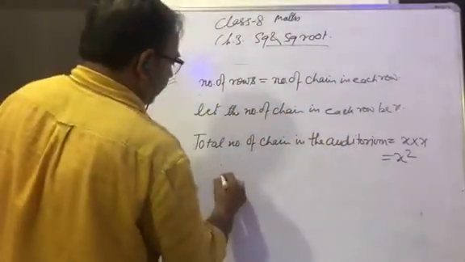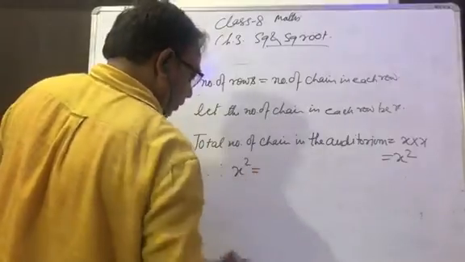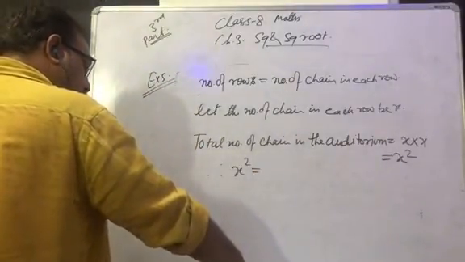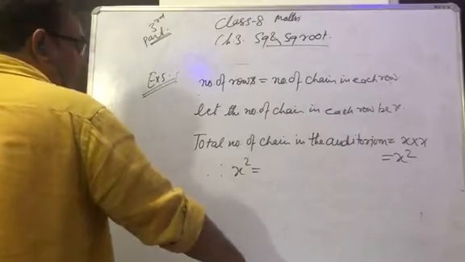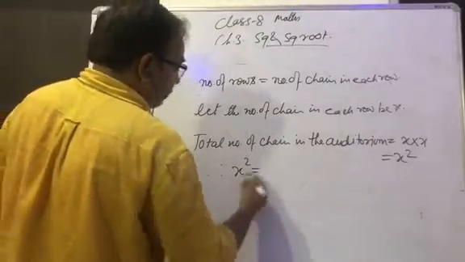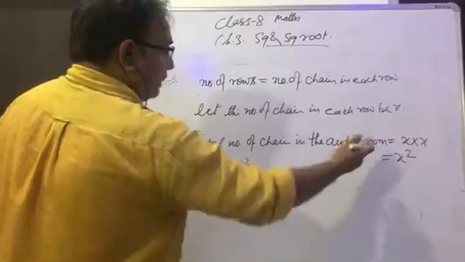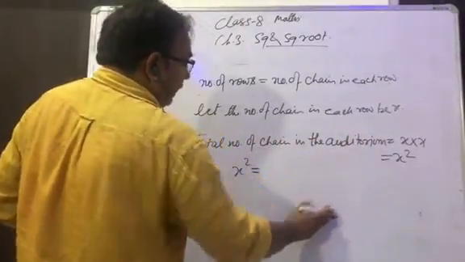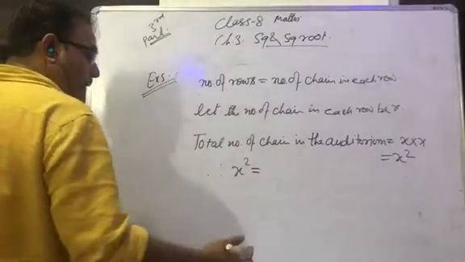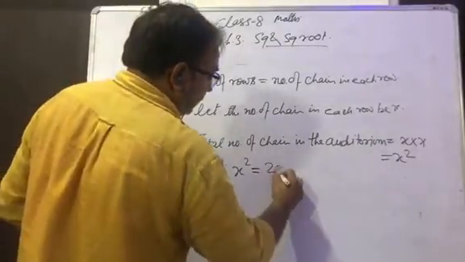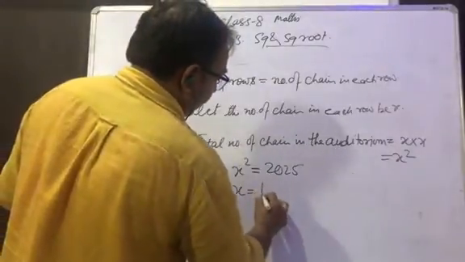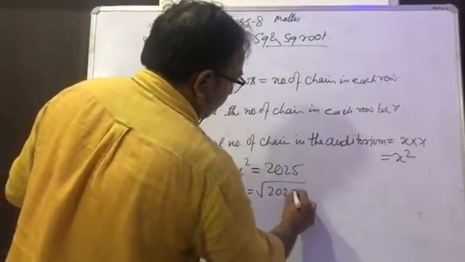Since the capacity of the auditorium is given as 2025, x square is equal to 2025. So x is equal to under root 2025.